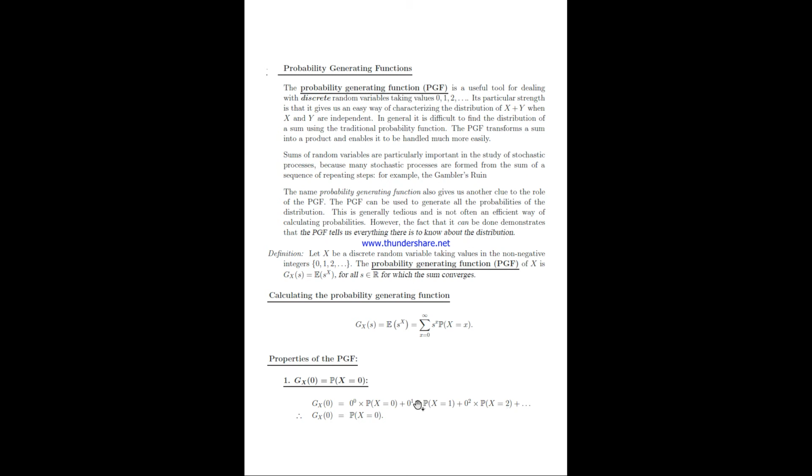Since 0 to the power 0 is equal to 1, that is 1 into probability X equals 0. All the other terms have positive exponents of 0, so they cancel out. We are left with probability X equals 0. So G_X(0) is equal to probability X equals 0, and that is one of the nice properties of probability generating functions.